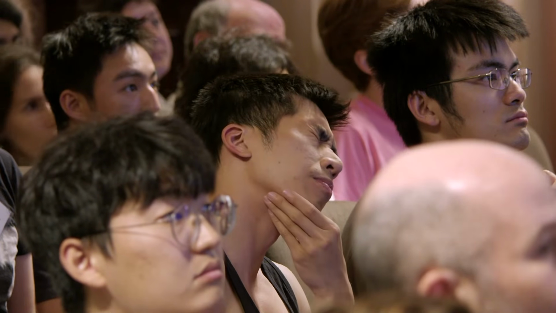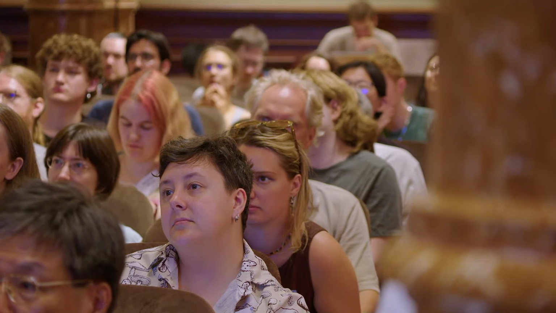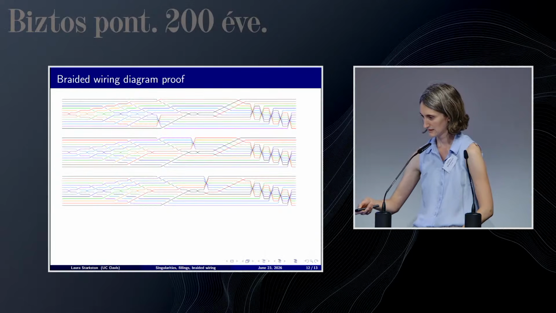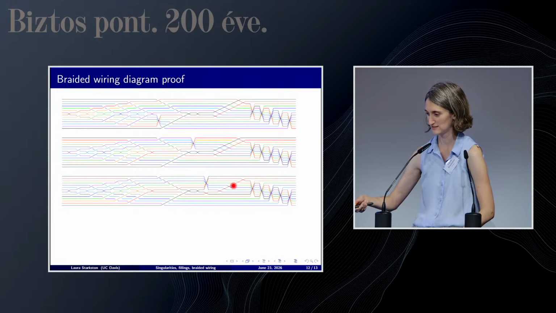I'm going to skip a few to the interesting part. So stuff happens, stuff happens. And okay, we end up here. Let's go at the bottom here. So we've got this red strand, and we don't know how to combine it with this remaining multi-point singularity.